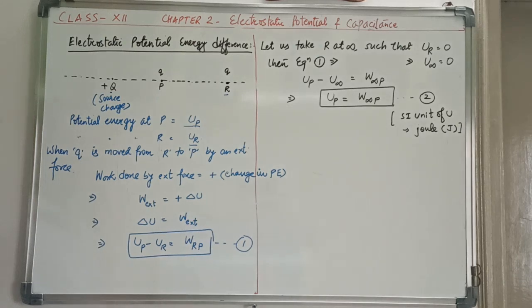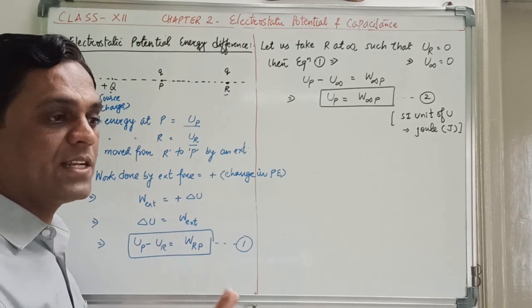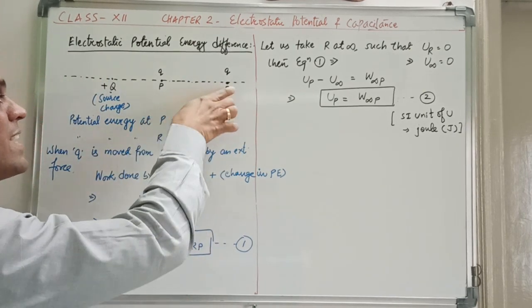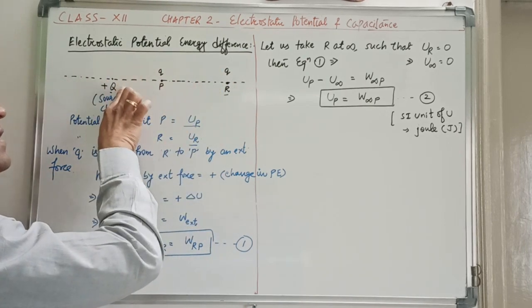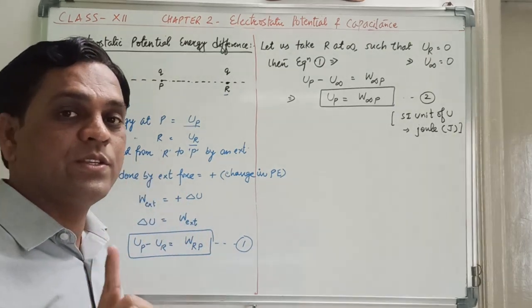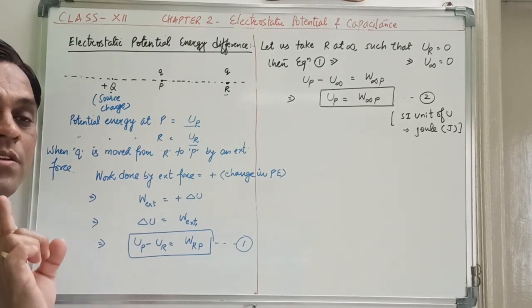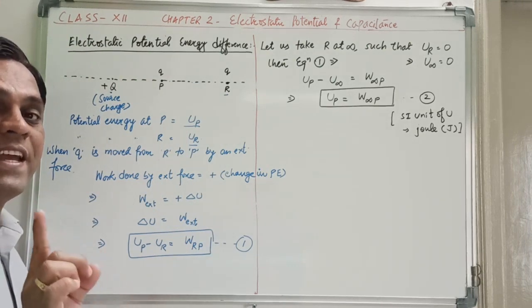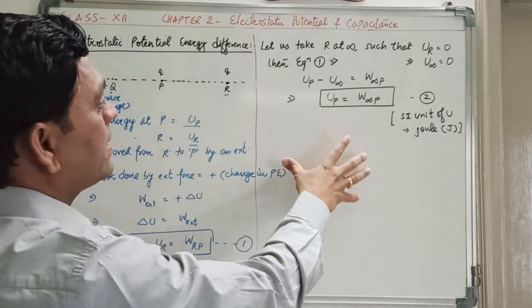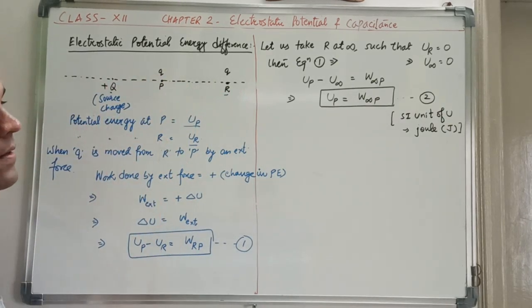Once again, we can define potential energy at a given point P: it's the work done in bringing a charged particle from infinity to the given point in the electric field configuration of any other charged particle without changing the kinetic energy of the small charged particle that is being brought. Alternatively, it can be said without any acceleration, correct? So this is how we have defined the electrostatic potential energy of a system of 2 point charges, correct?